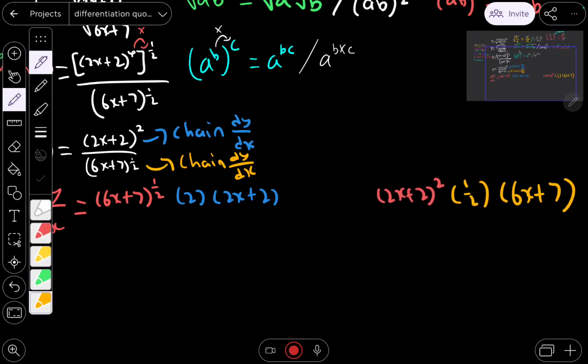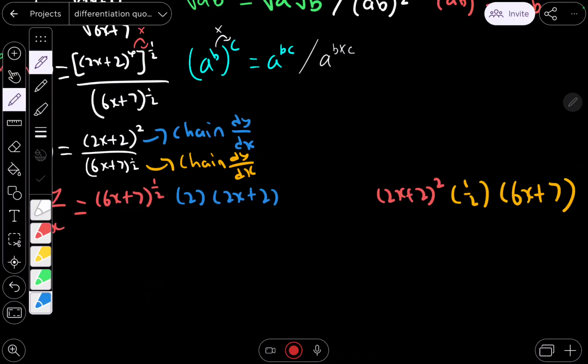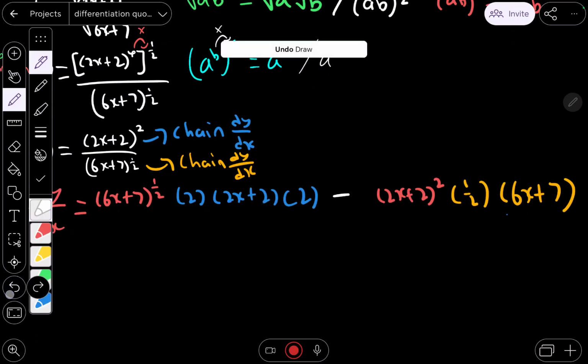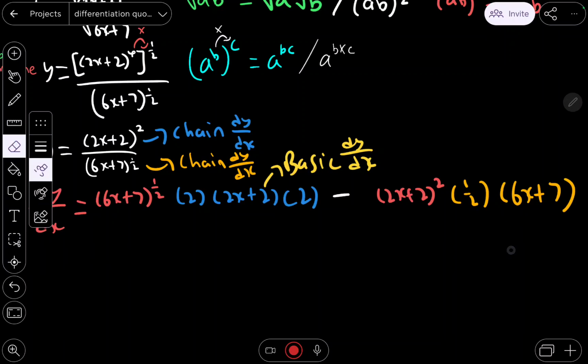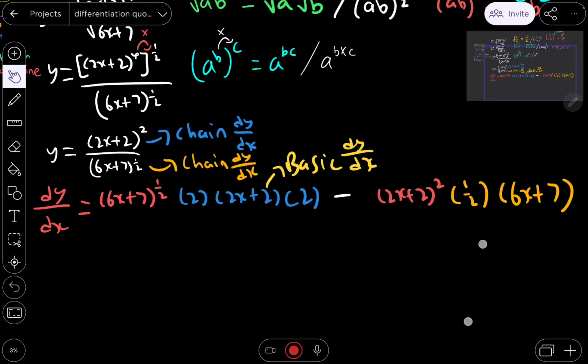So when we differentiate the inside bracket, I will get 2. Y constant, ignore. Because when we differentiate the inside bracket, it is a basic differentiation. And usually for chain rule, you will get a basic differentiation for the inside bracket. But in this case, I will just write it down.